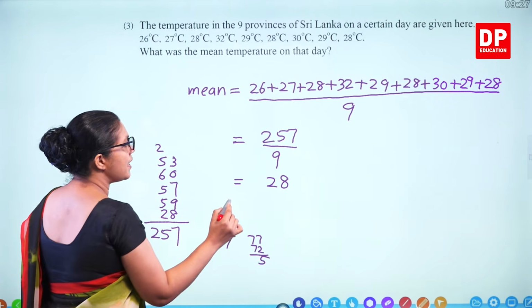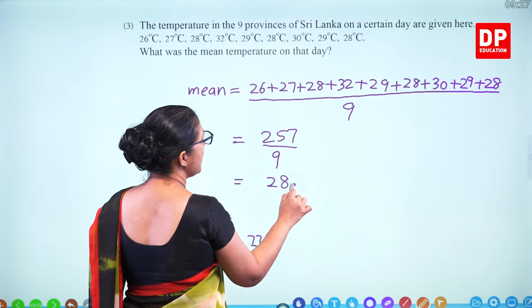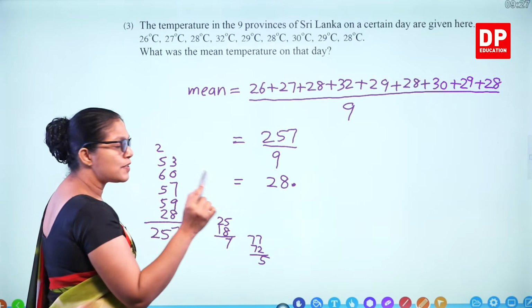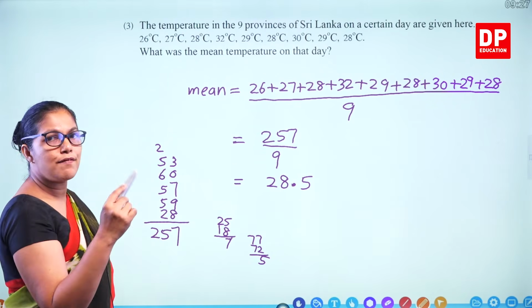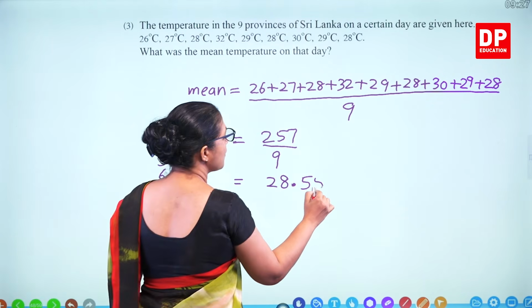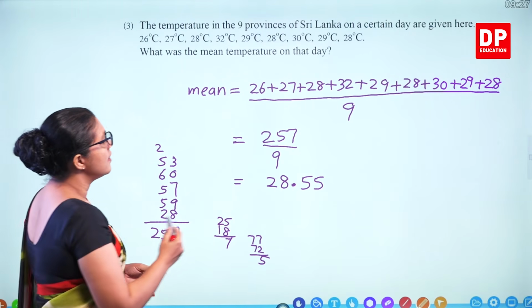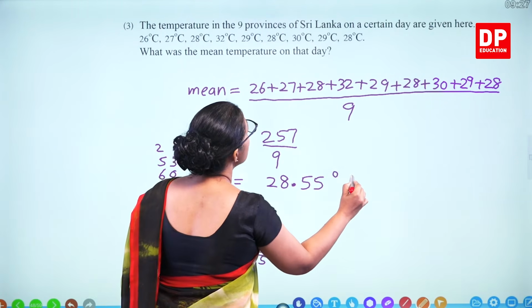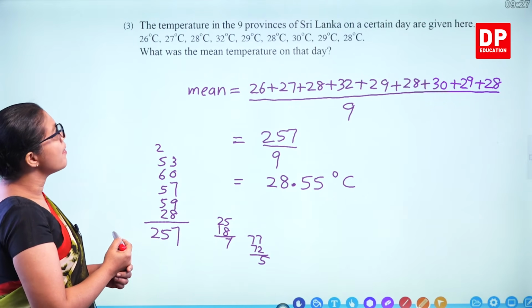So 5 remaining. 50. 50 divided by 9. 9 times 5, 45. Again 55. So 28.55. So this is Celsius. Is the mean temperature.